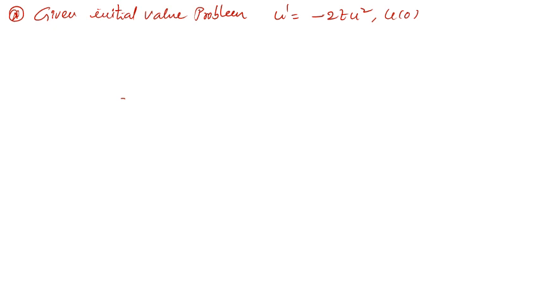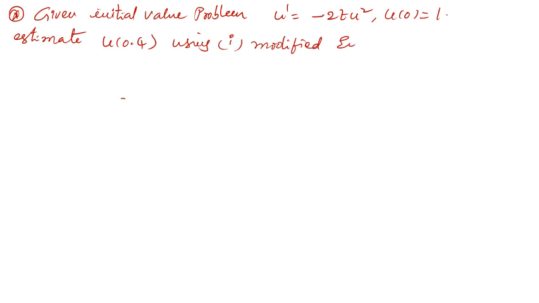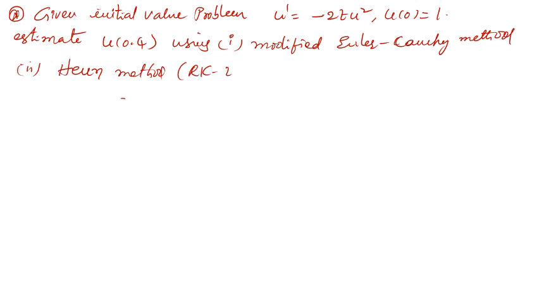Now problems based on Runge Kutta methods. Given the initial value problem u' = -2t u² with u(0) = 1, estimate u(0.4) using, first, the modified Euler Cauchy method, and second, the Heun method, which is nothing but the Runge Kutta second order method, with h equal to 0.2.